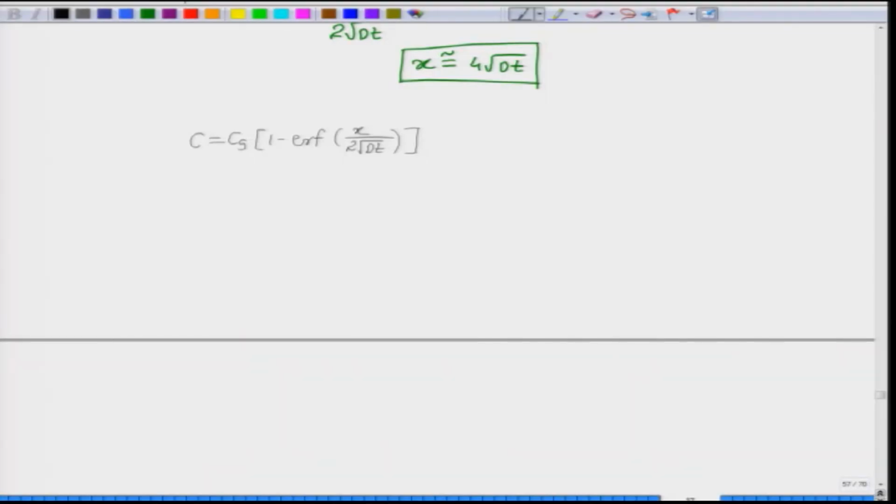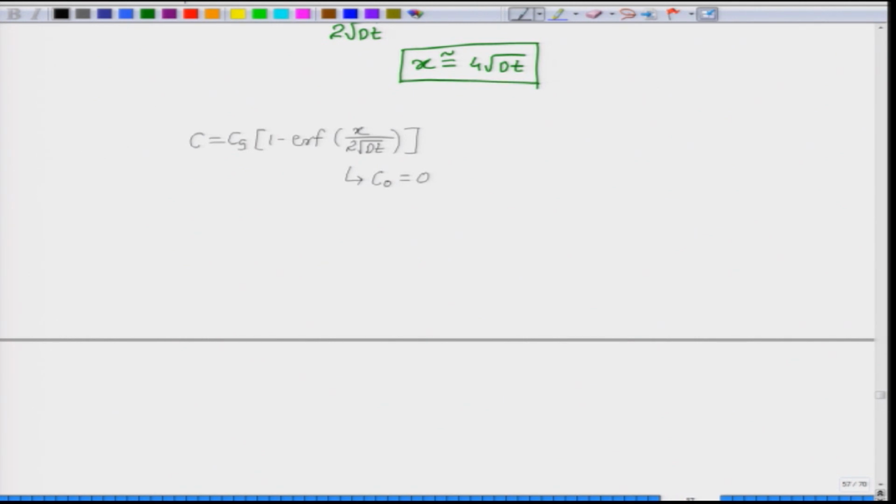So, we derived an equation for the evolution of concentration profile in a semi infinite slab, which takes the form C equal to C s times 1 minus error function of x over 2 root Dt. Now, we derived this equation assuming that C 0 equal to 0, that is, the concentration of the species in the slab to start with was 0.